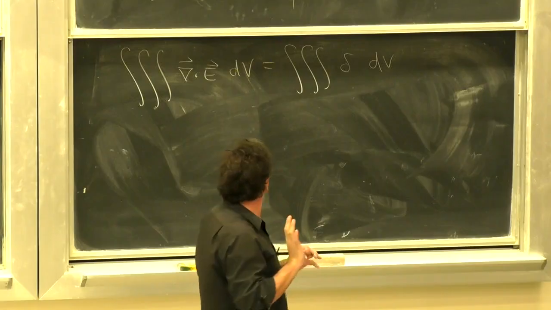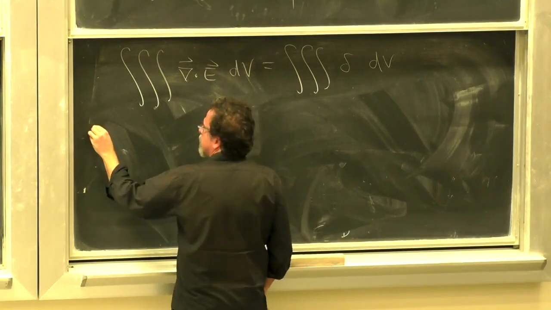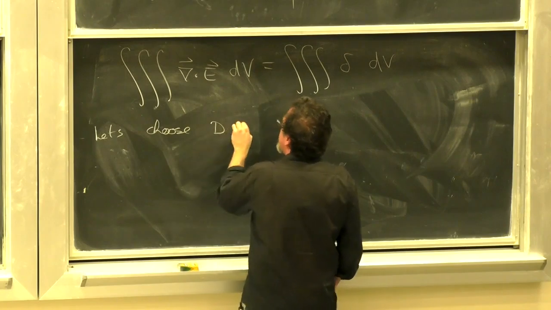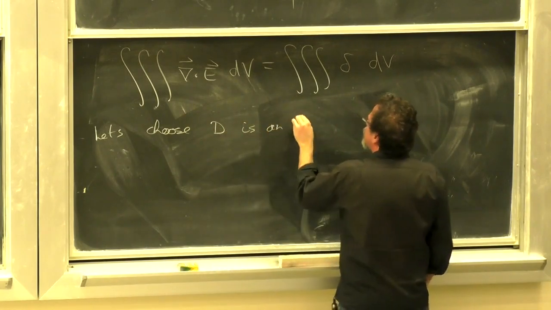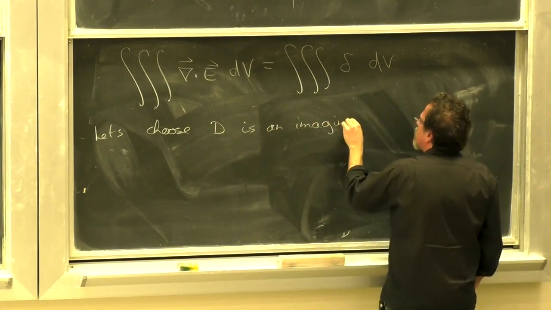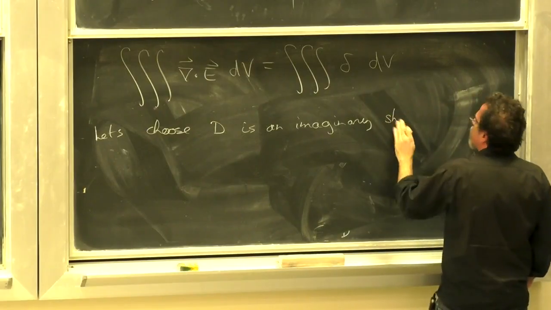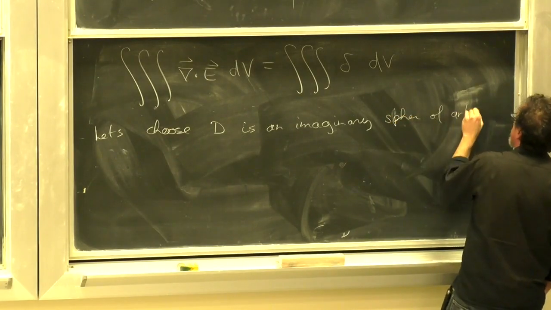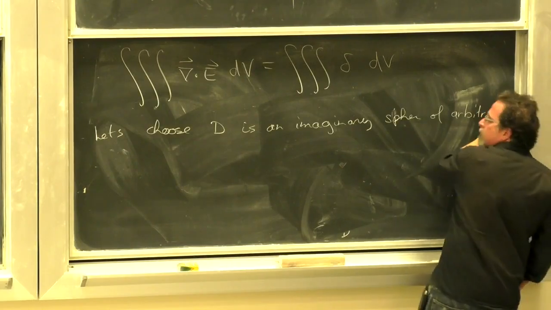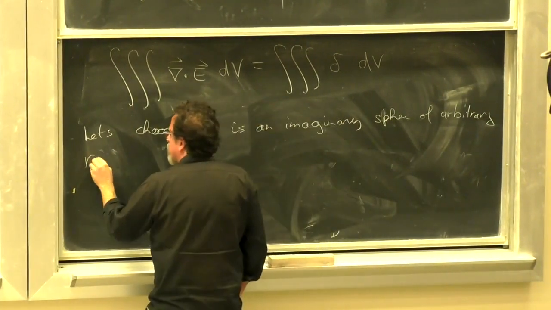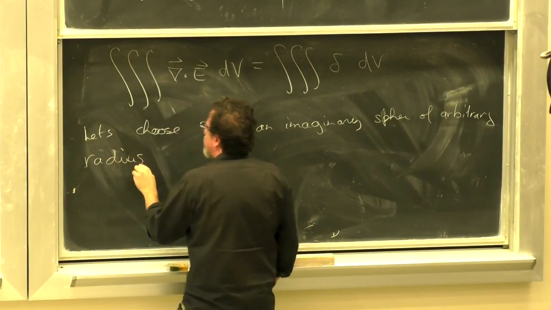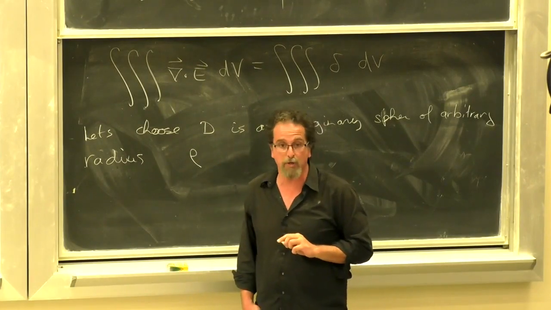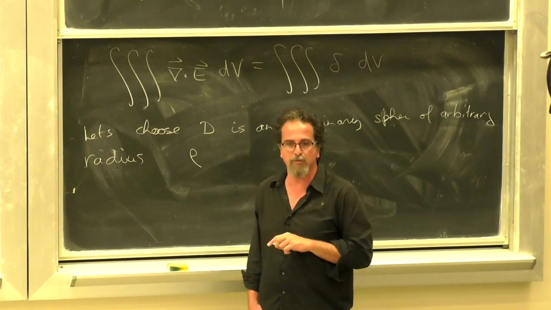So let's do that. Let's choose D as an imaginary sphere of arbitrary radius. Okay? So the radius is going to be rho, because that's like the spherical coordinate rho. That's why I didn't use rho for the charge density.